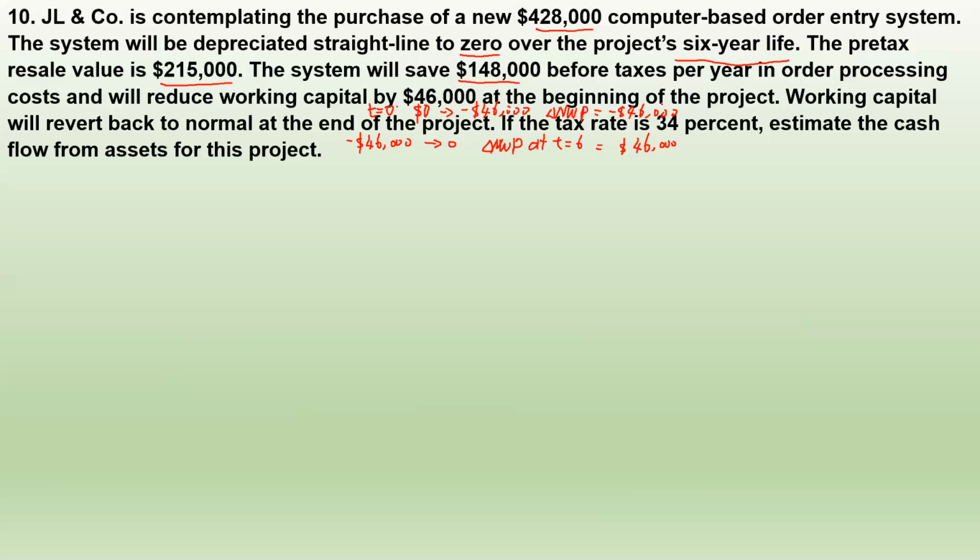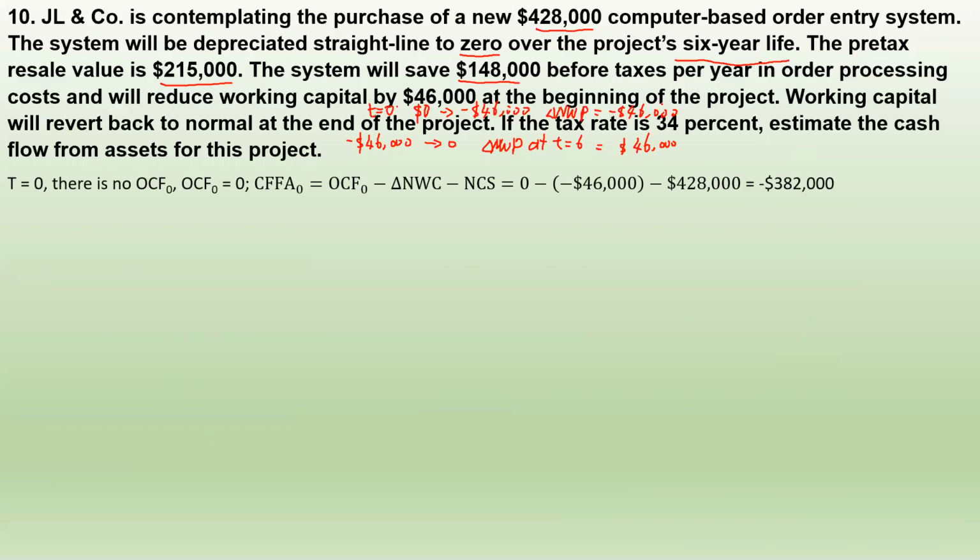And the tax rate is 34%. At T equal to 0, there's no operating cash flow, and for the cash flow from assets at T equal to 0, remember, the change in net working capital is a negative number, and minus a negative number is a positive number.